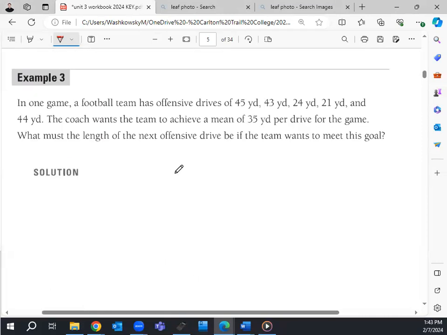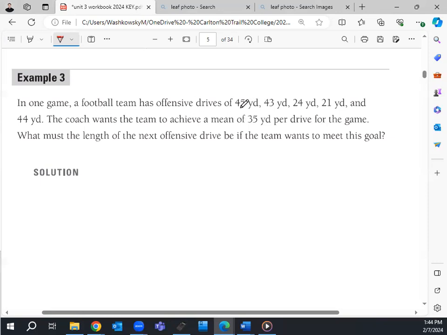So let's try this one out here. Now we're going to apply this. I think we're okay with finding the average, right? This is something that everyone here's probably done at some point. So how do we apply this? Let's find out. It's not just about finding, it's about applying it.